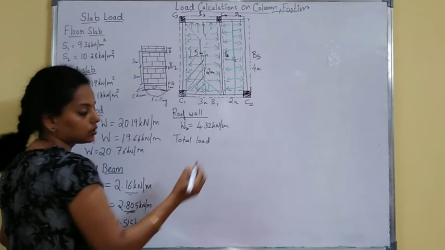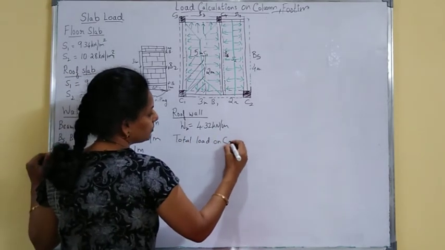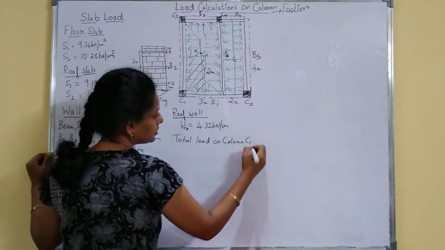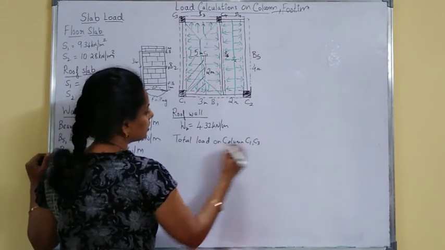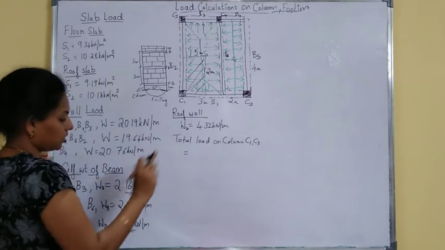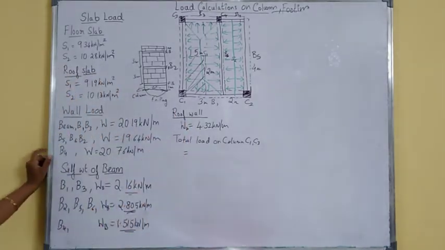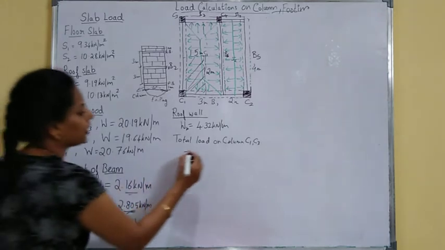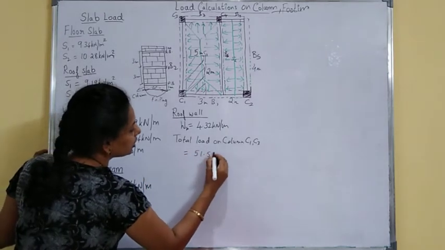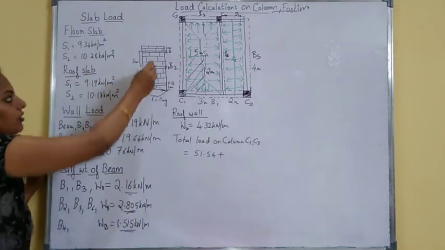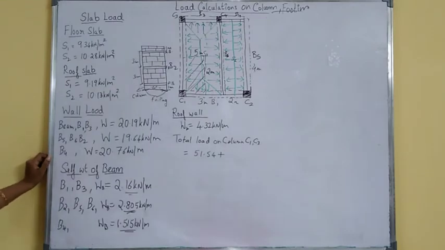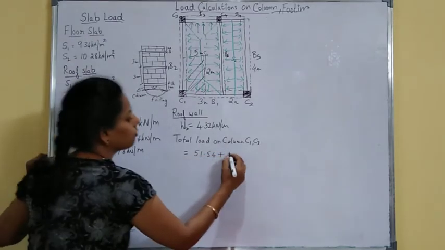Total load on column C1, C3 will be: first, the load from the roof beam, roof level to floor level, you have 51.54 kilonewton, and from floor level to ground level you have 106.44.